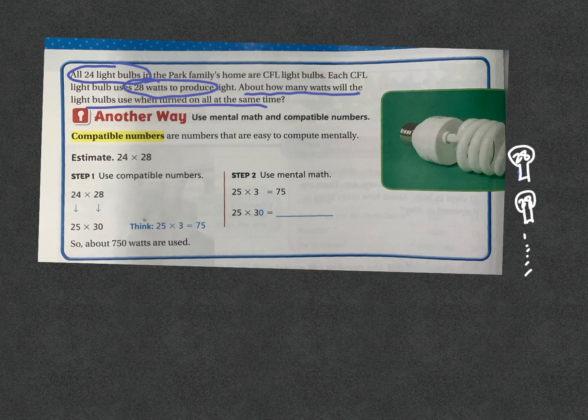And in place of repeated addition, we use multiplication. So we would be doing 24 times 28. Now, we could round them the way we were rounding them before, but the compatible numbers way is just saying, if there's a closer number that you know how to multiply pretty well, then go ahead and round to that. Here's what we mean by that.